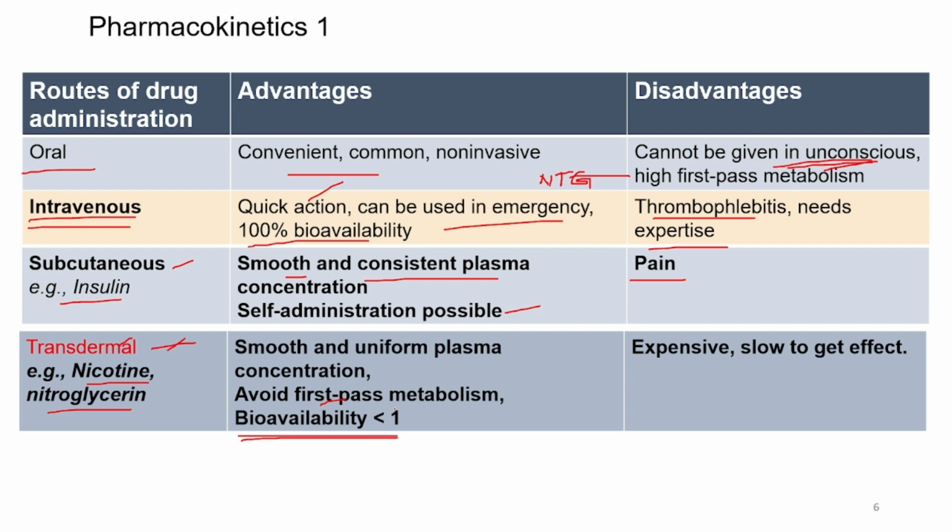So the bioavailability is quite good, but it is not as high as IV. There may be some amount of drug not absorbed. The disadvantage is it is quite often slow to get its effect, the formulations are expensive, and only lipid soluble drugs can be administered by this route.